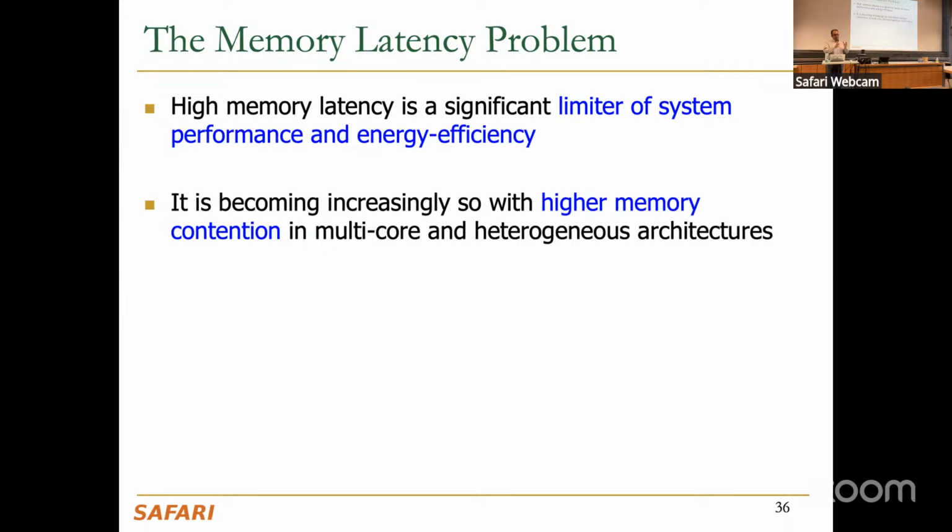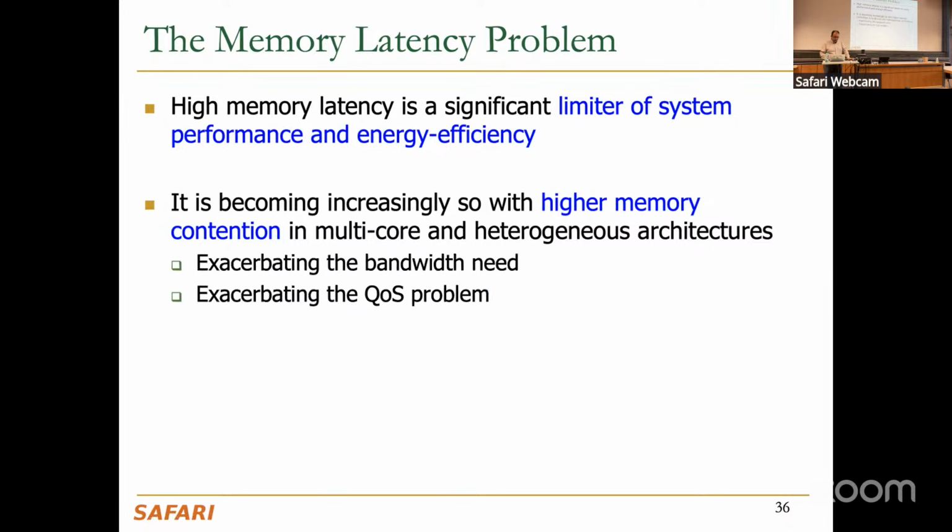If you can service these requests faster, meaning you make the memory faster, you should potentially be able to reduce the depth of the queues, which in the end results in lower blocking latencies. So with higher memory contention, the problem of memory latency is much more important.